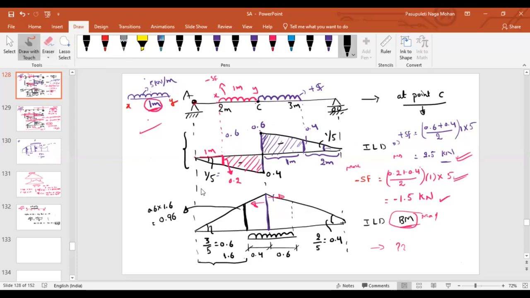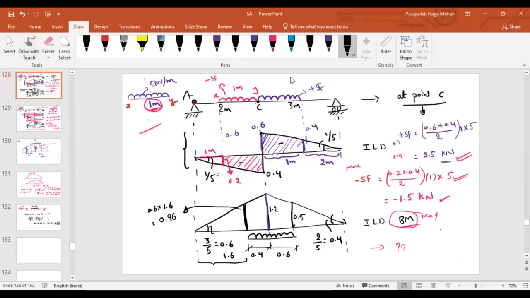So please do the necessary part. Now, this ordinate we already know, 1.2. What about this ordinate then? Quickly, can you find out? 0.56.